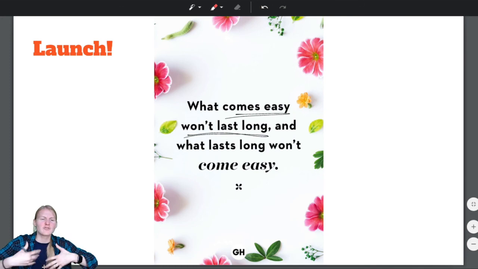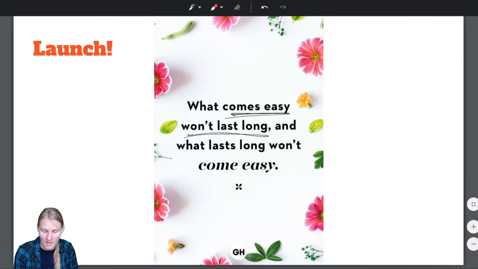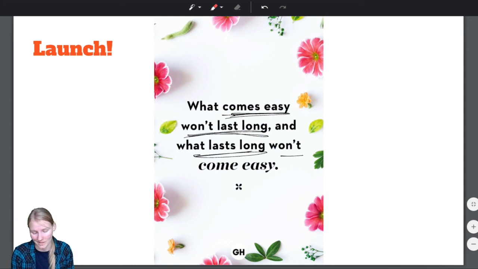The more you have to work for it, the longer it's gonna last. If you spend hours studying, you're gonna remember that math longer than if you just got it first try, boom, boom, shove it in, be done with it. That's not gonna last long. So if you're ever like, I just want it to be easy, what comes easy won't last long. And what lasts long won't come easy.